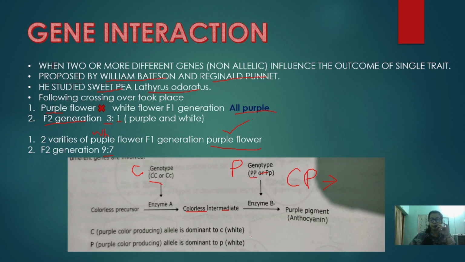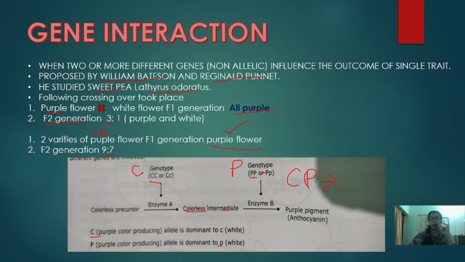That trait is the purple pigment. Here, capital C represents the purple color producing allele and is dominant to small c, which is white, and capital P is also a purple color producing allele, dominant over small p, which is white.